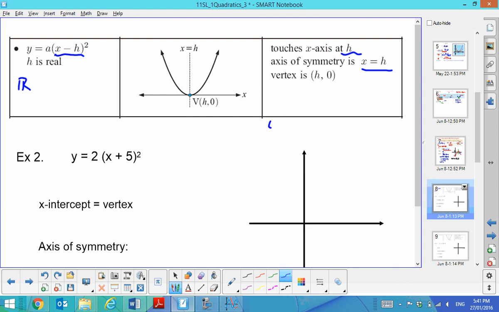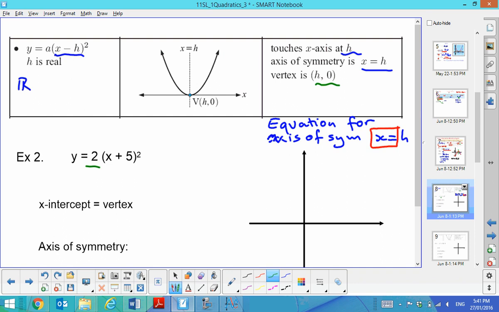If they ask you for an equation for the axis of symmetry, it is most important you always write x equals h. If you do not put the x equals in, you do not get your marks. So that's a hint for exams and assessments. So here's our vertex at h, 0, depending whether this is positive or negative, determines whether it's concave up or down.